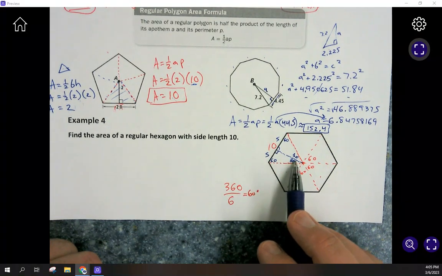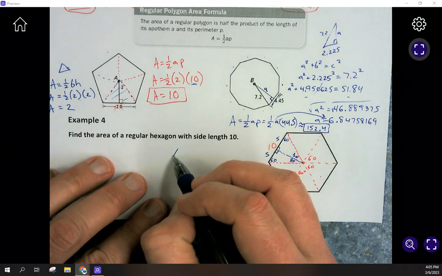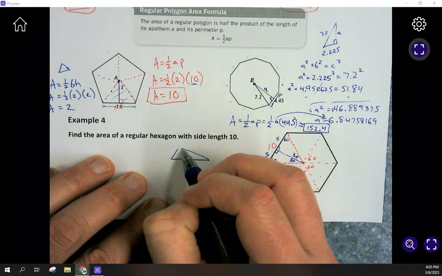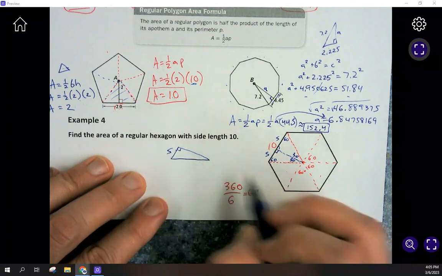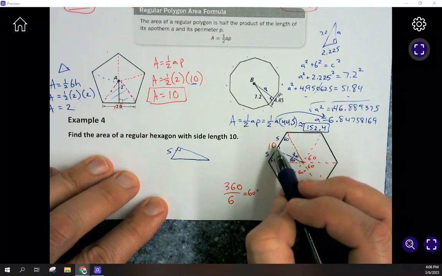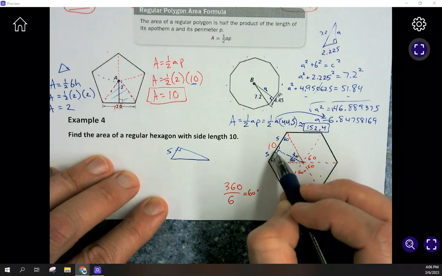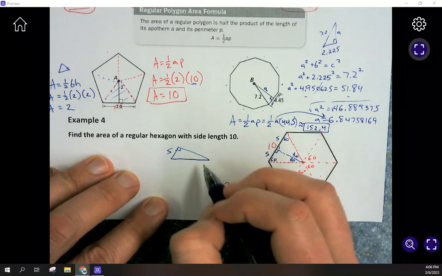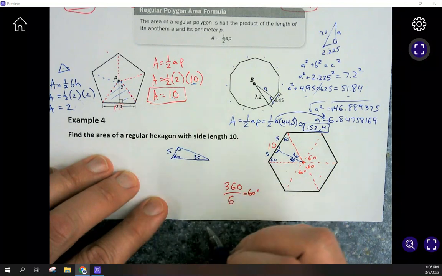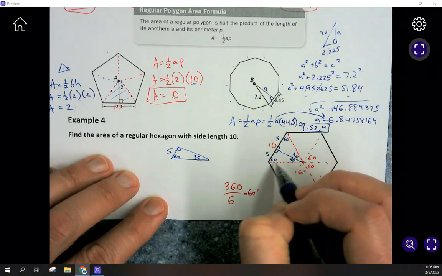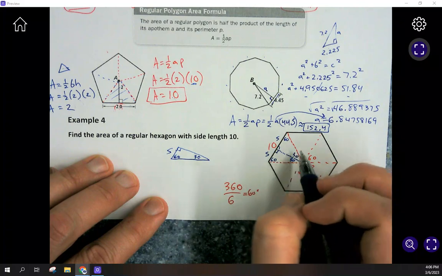But now just looking inside these little triangles, I'm going to go ahead and separate that little triangle. Here's my 90. So this piece is 5. Again, I'm not looking at the whole bigger triangle with the side of 10, just this little 30, 60, 90. This is 30. This is 60. We don't really care about how long the radius is. That doesn't help us.